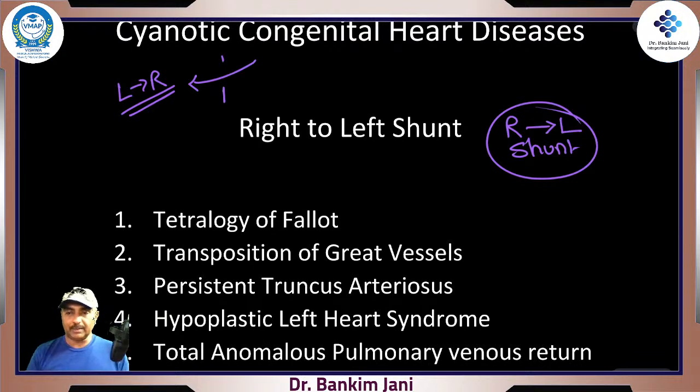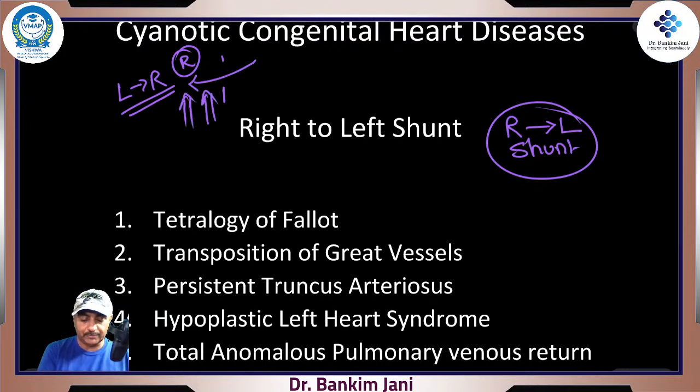It is when on the right side the pressure keeps on rising, right atrium, the blood will go to the right ventricle. From the right ventricle, it will be going into the pulmonary circulation, the pulmonary system.